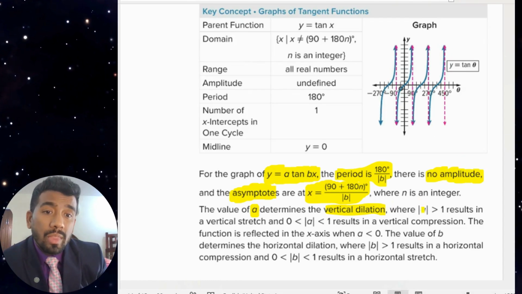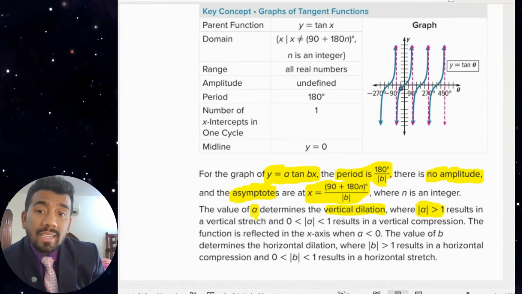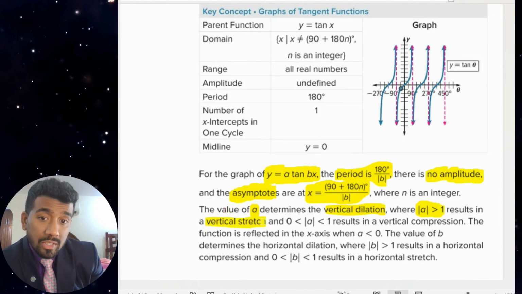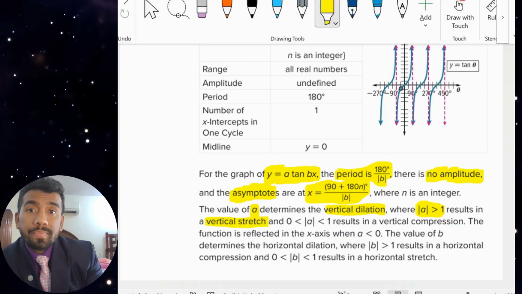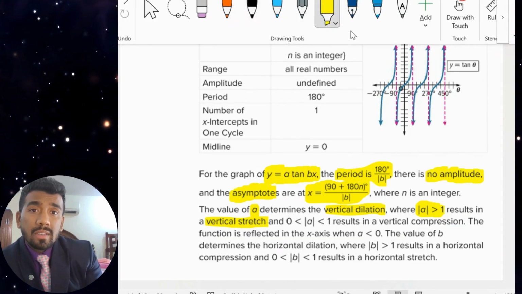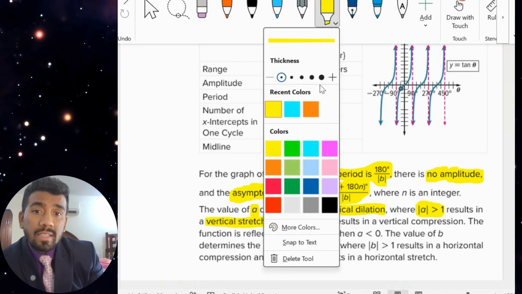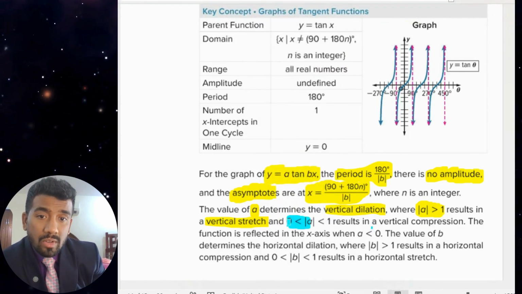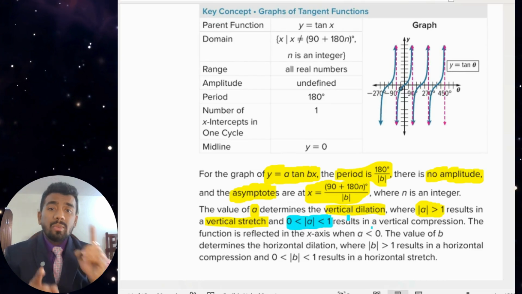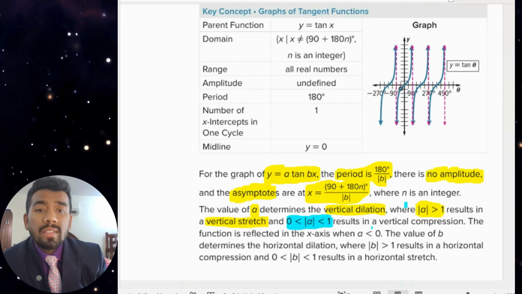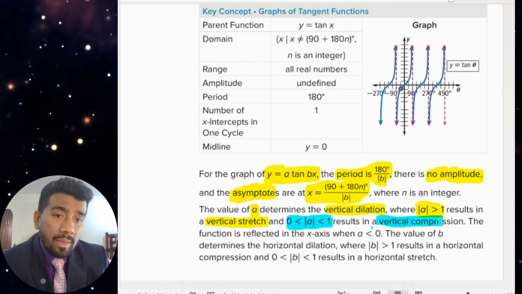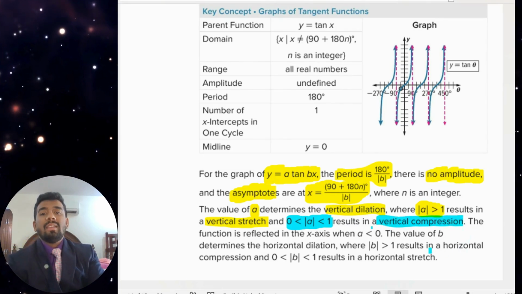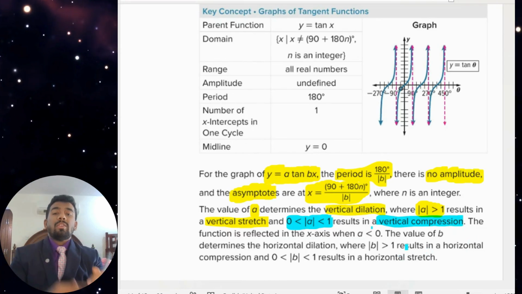If a is more than 1, the result is a vertical stretch. If a is between 0 and 1, a fraction, then the result is vertical compression.